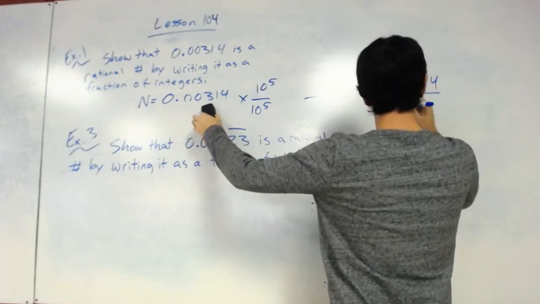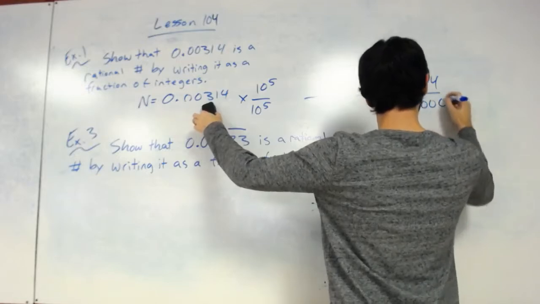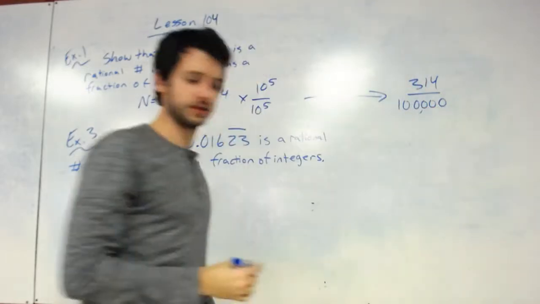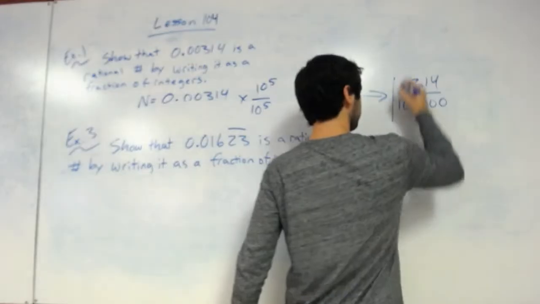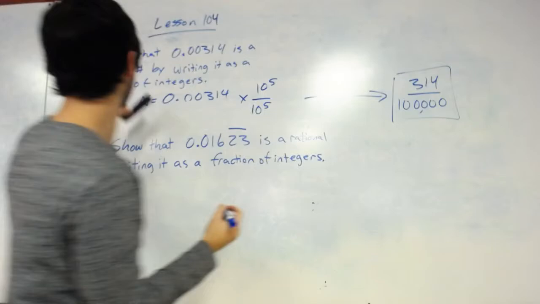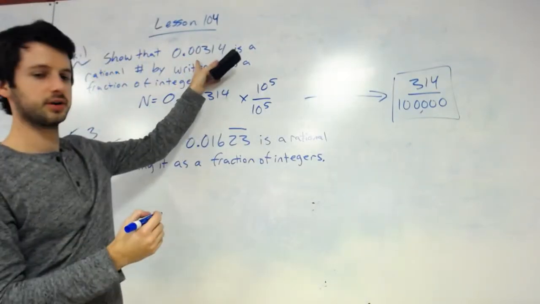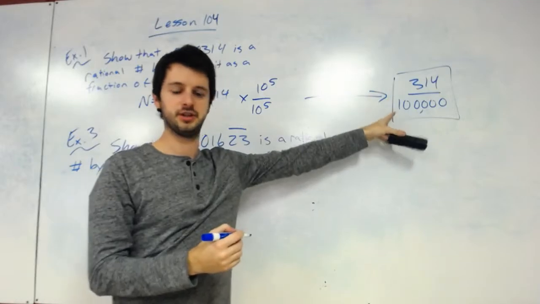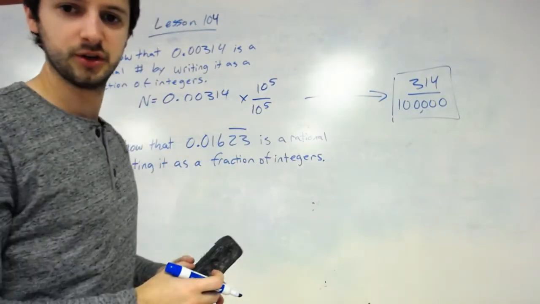And on the bottom we get 100,000 because we have 5 zeros. So this is how we write this number as a rational number written as a fraction of integers. That's what you're looking to do in those scenarios.